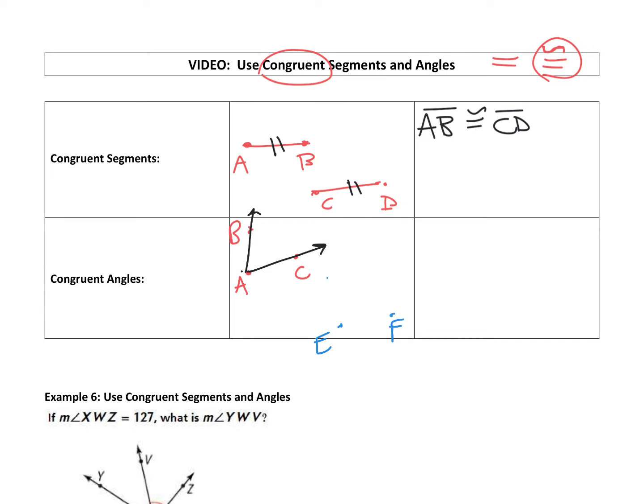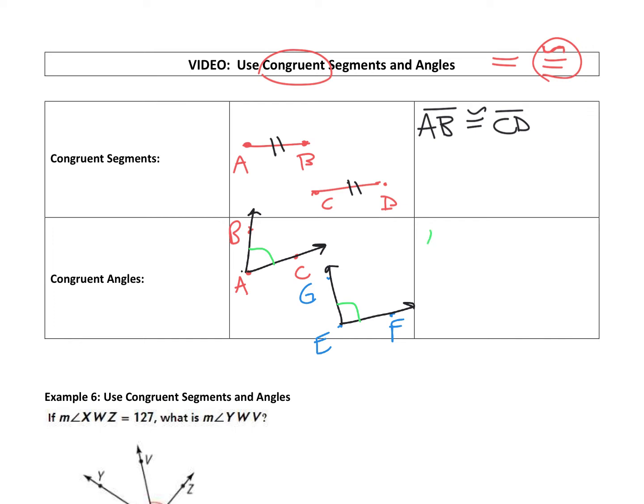E, F, G, ray EF, ray EG. Okay, so these two angles do not look the same. I did not do a good job of drawing these accurately, but if they were congruent angles, the marking would be one of these curves and a curve. So if you see things marked with curves, you can know that those are congruent angles.